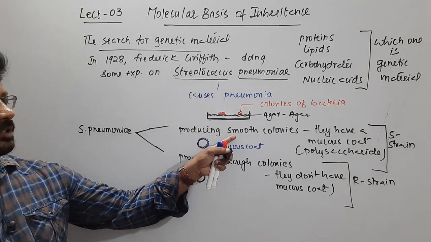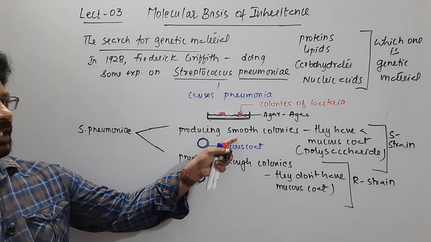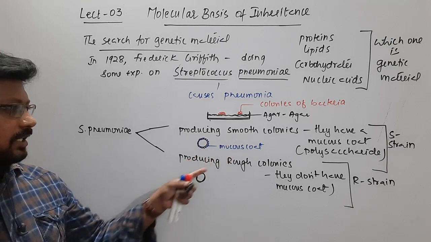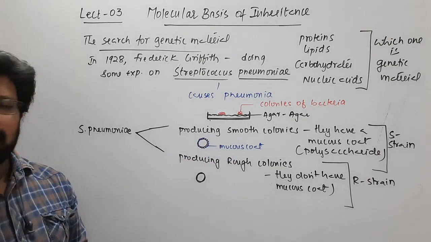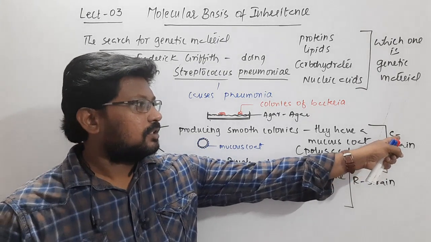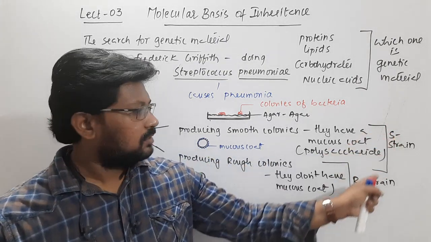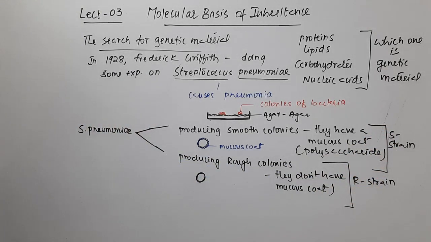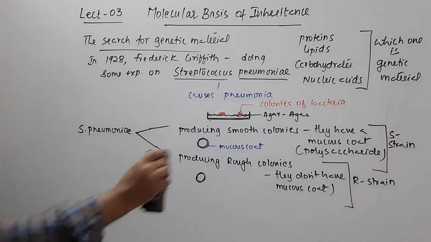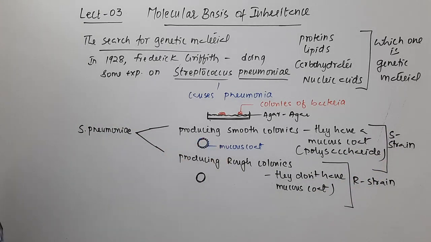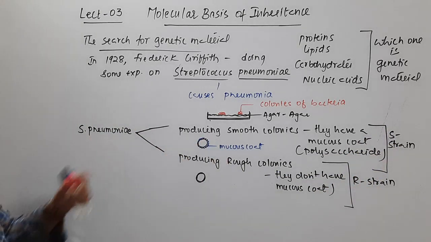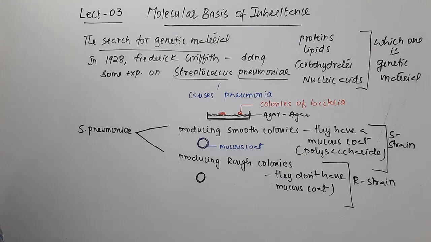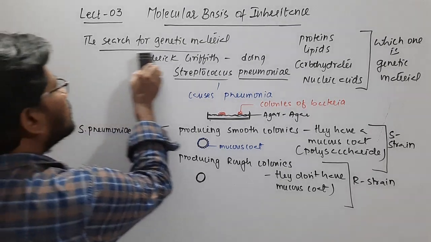The smooth colonies he mentioned as S strain, and the rough ones as R strain. I hope you understood that S here means smooth and R means rough. Now what he did is he took the S strain of Streptococcus pneumoniae bacteria and injected it into mice. I hope this is clear.